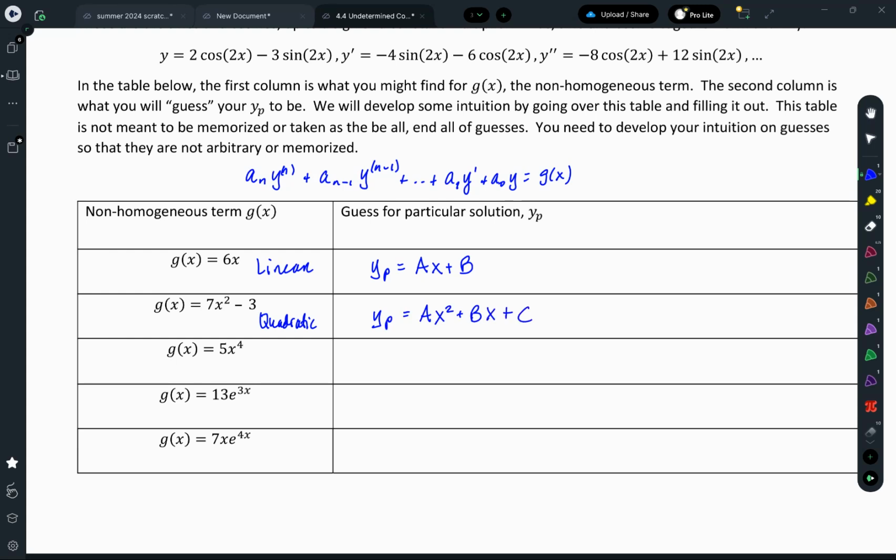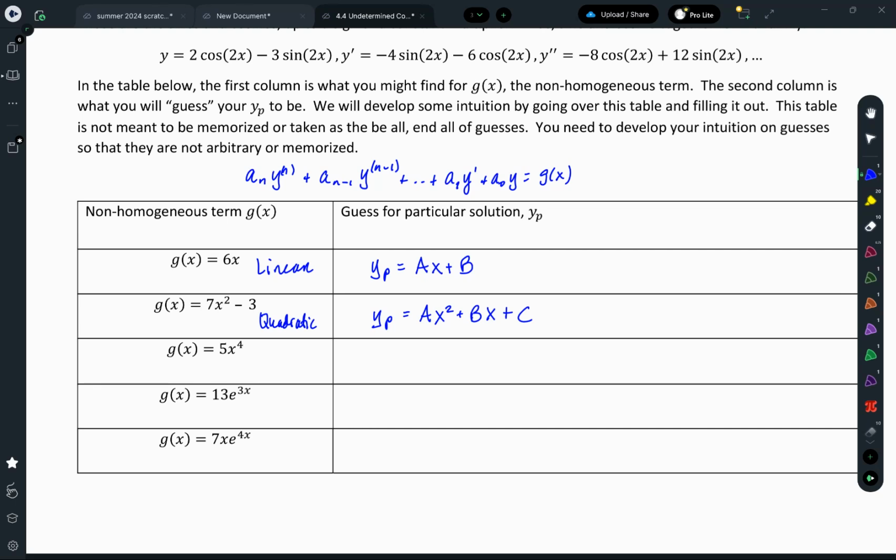Notice that in the first one, where 6x was a linear function for g of x, but there was no 6x plus a number, I didn't leave out the plus B in my standard form for the particular solution, right? I have to leave all the possibilities.